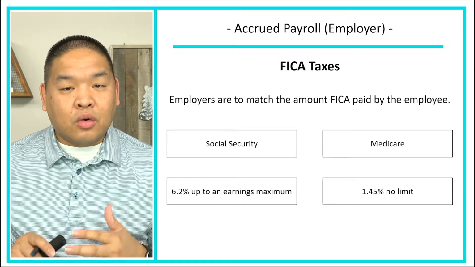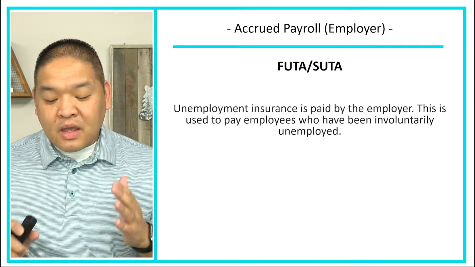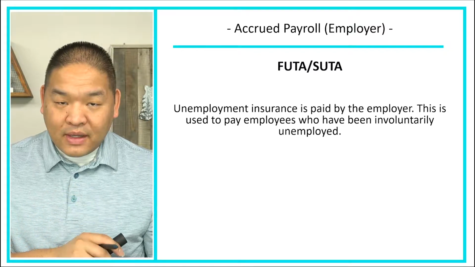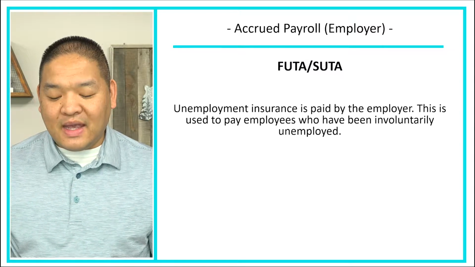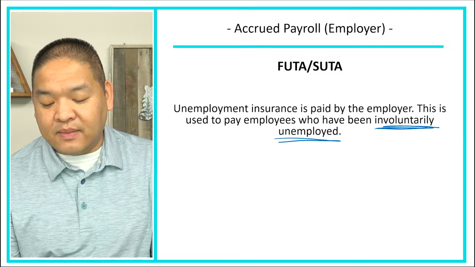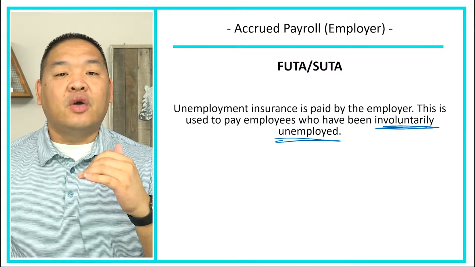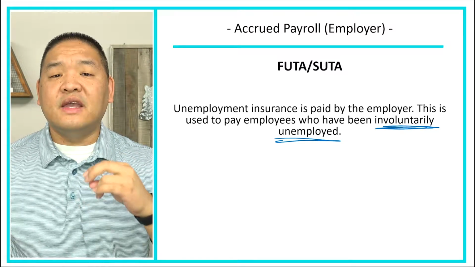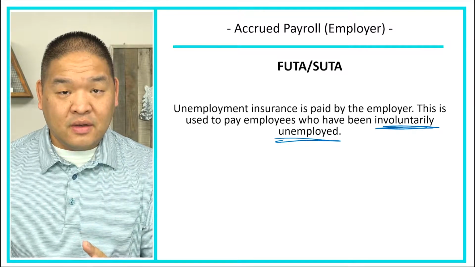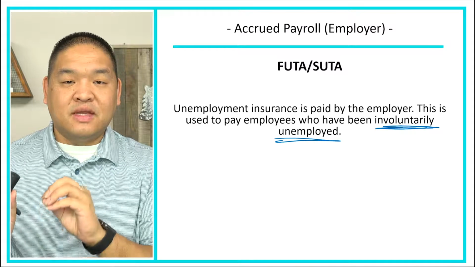The other most broad taxes is the FUTA and SUTA. Unemployment insurance is paid by the employer, not the employee. This is used to pay employees who have been involuntarily unemployed. So the key word here is involuntarily. So if you quit, if you leave, if you get fired, you cannot obtain unemployment insurance.